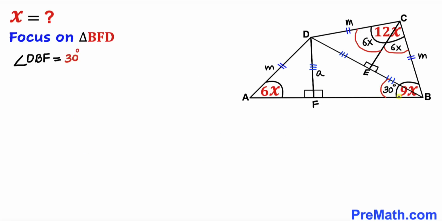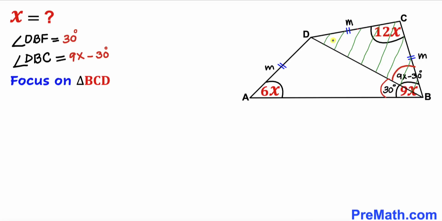Now let's go ahead and make an observation. We know that this whole angle is 9x and this angle is 30 degrees. So therefore this angle has got to be 9x minus 30 degrees. So this angle DBC turns out to be 9x minus 30, as you can see over here.